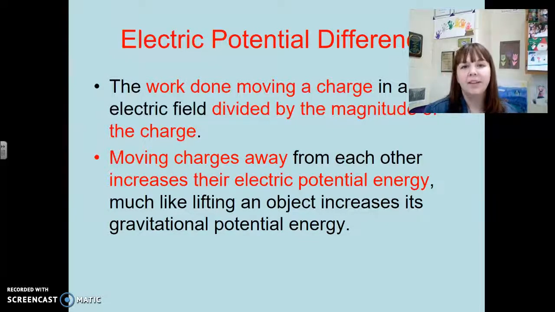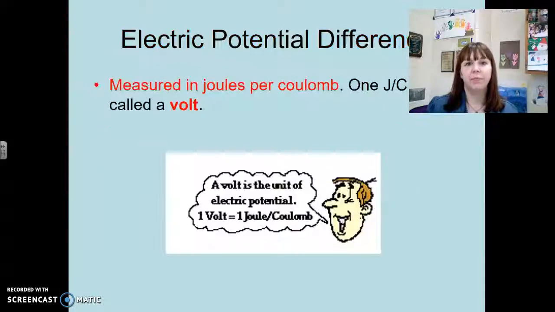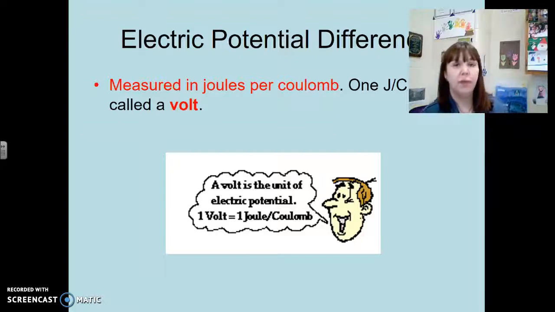And we can find electric potential difference by taking the work done moving a charge in a field and dividing it by the magnitude of that charge itself. Electric potential difference is in joules. Joules is work, and so we're talking about the amount of work done to move a charge. So joules per coulomb. Okay, so the amount of work it takes per charge, joules per coulomb.